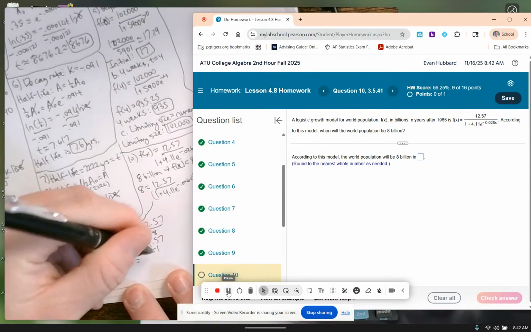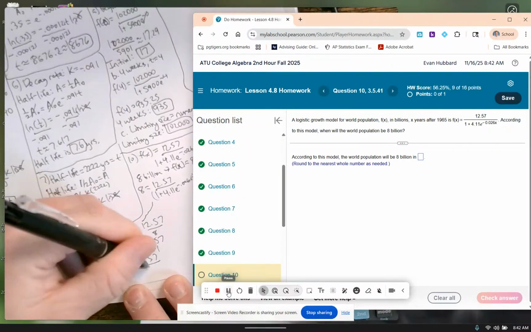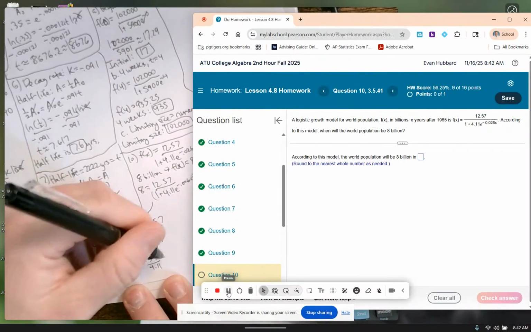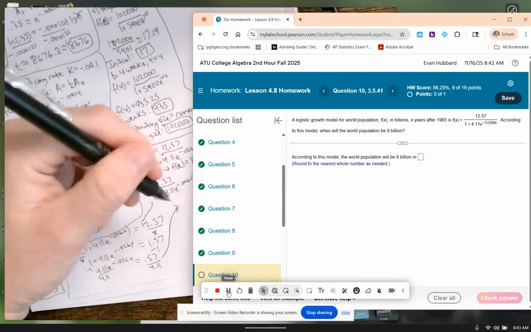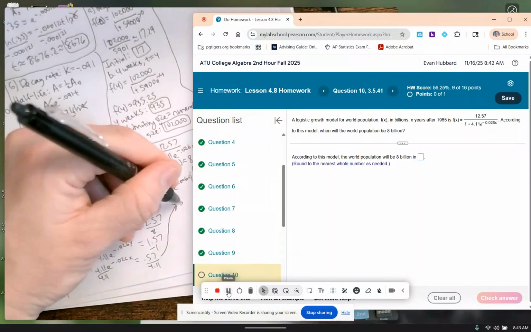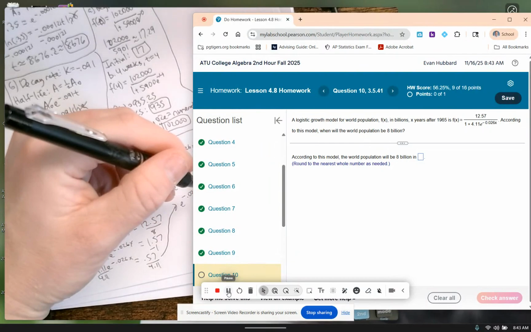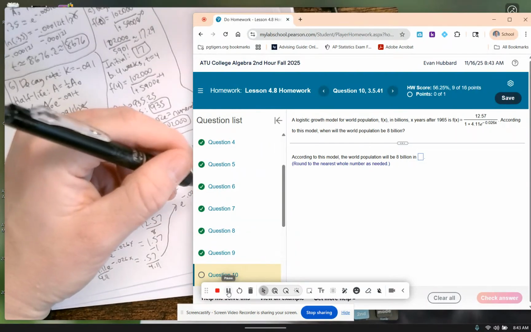This is so unorganized. Then divide by 4.11. Let me draw an arrow here, it's going back and forth. So e to the negative 0.026x is equal to 0.57 divided by 4.11.